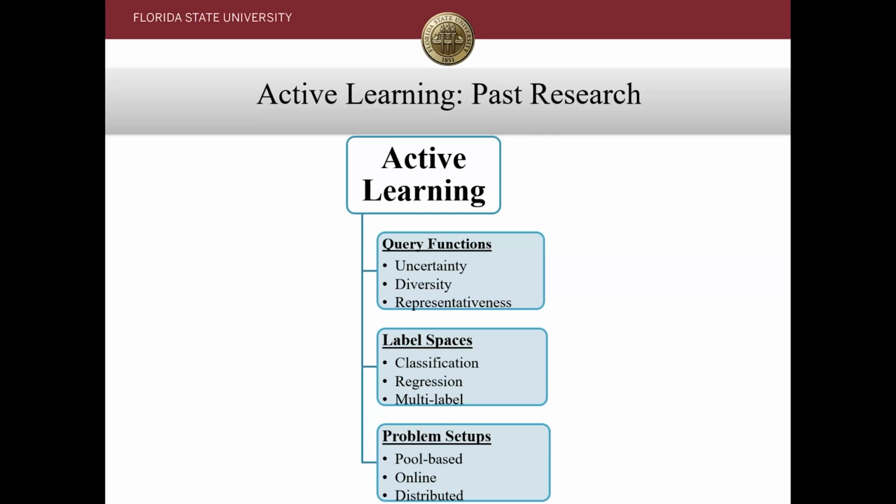The first one is called online active learning. The idea in online active learning is you don't have access to the entire unlabeled set all at once because the data keeps coming over a period of time. And what you have is a buffer with limited memory. So on the fly, as data samples are coming, you have to decide which samples to query and which samples to discard.